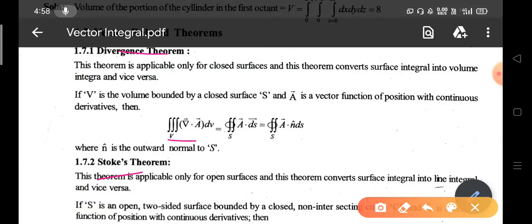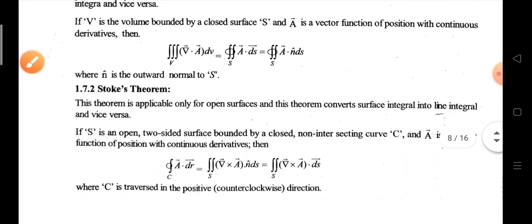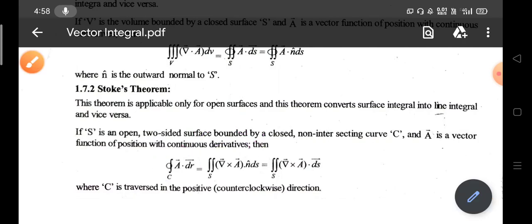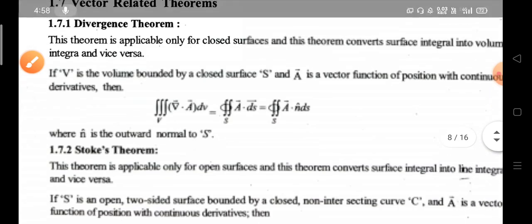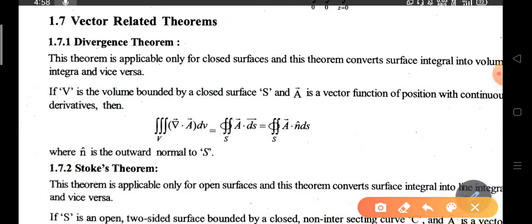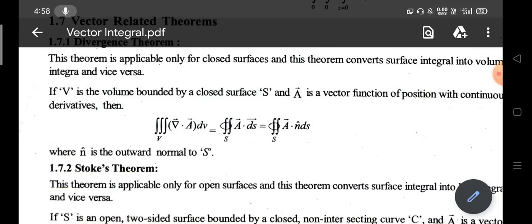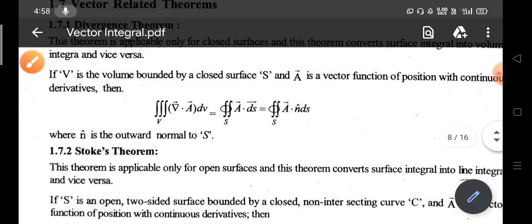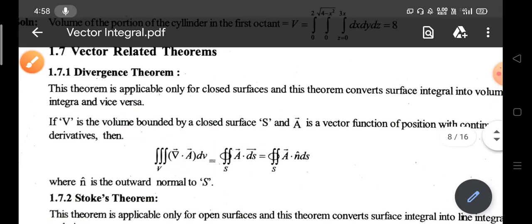The divergence theorem is applied to convert the volume integral to the surface integral or the surface integral to the volume integral, and the Stokes theorem is applied to convert the line integral to the surface integral or the surface integral to the line integral. But the most important part here: for the divergence theorem the surface is closed, and for the Stokes theorem the line is closed.